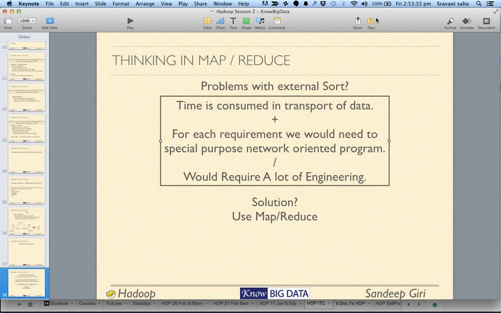For each problem we would have to do this kind of engineering. And second, time consumed in the network is still the bottleneck. For each requirement we would need to build a special purpose program, right? So there is a lot of engineering required.